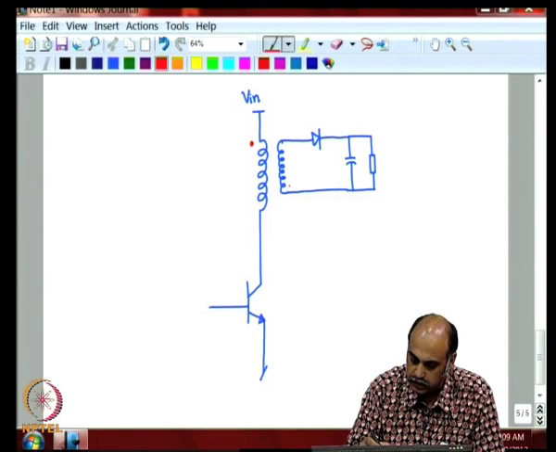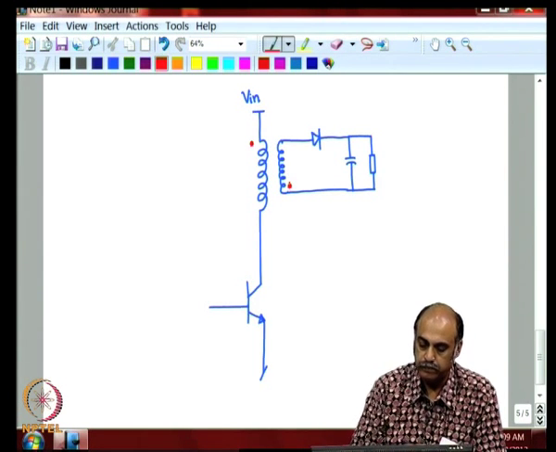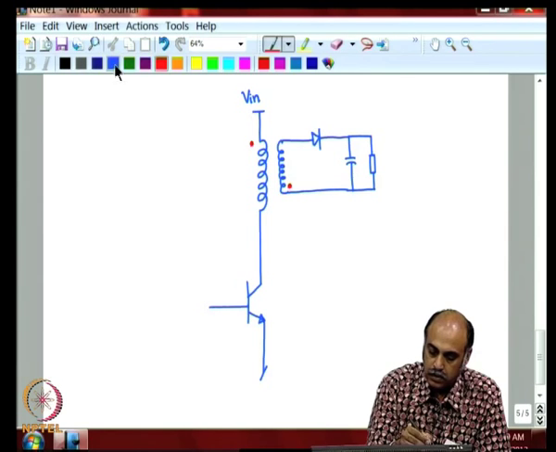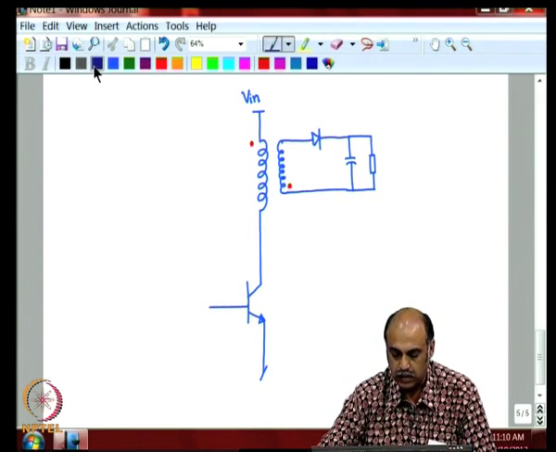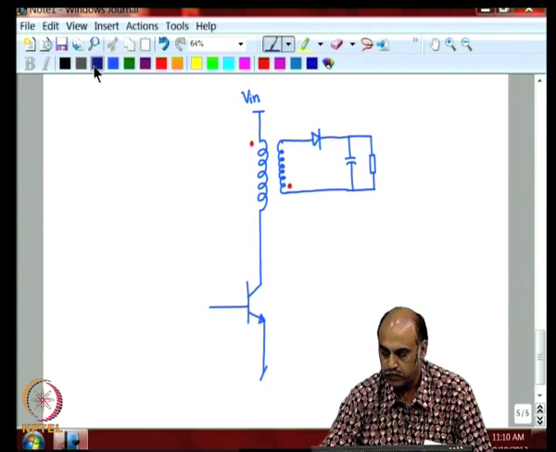Flyback converter has dot polarities like that. And what about the multiple outputs?